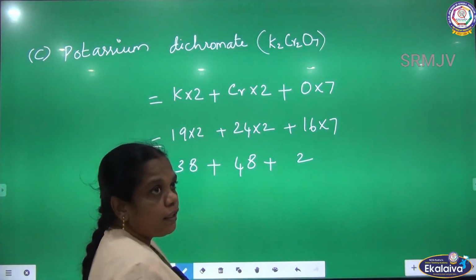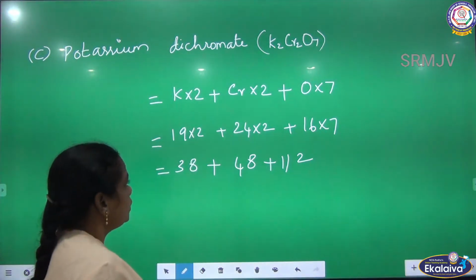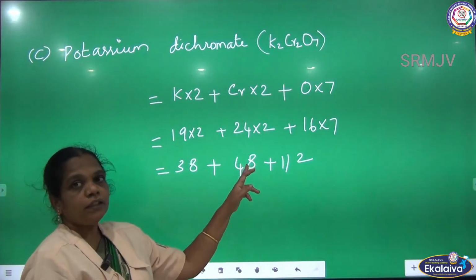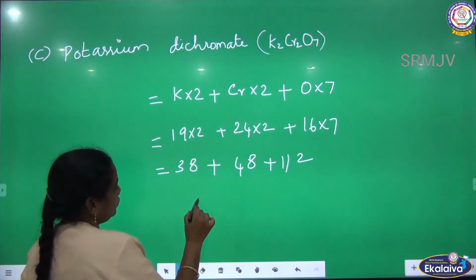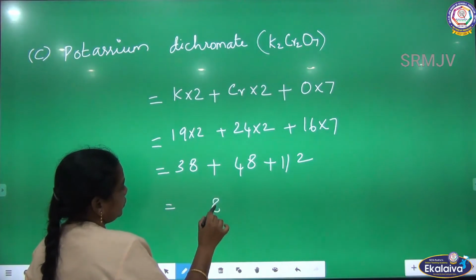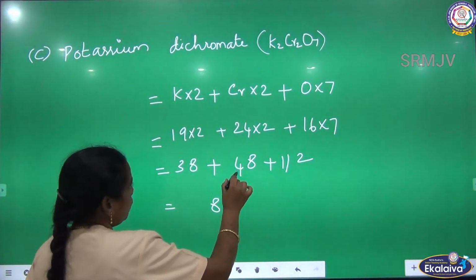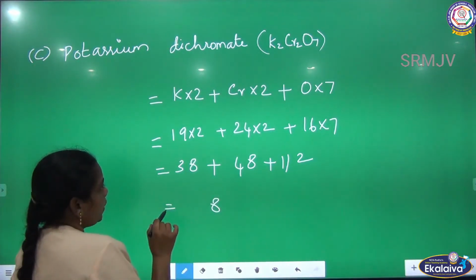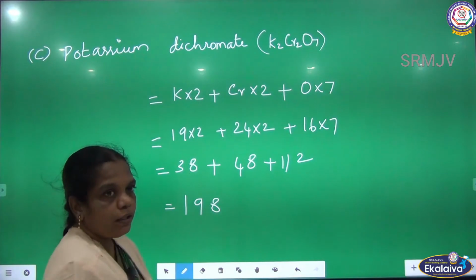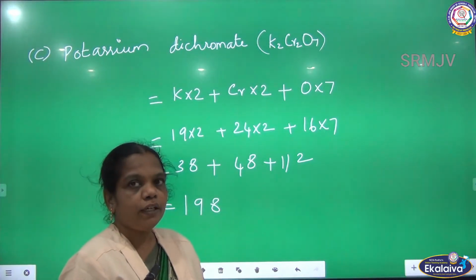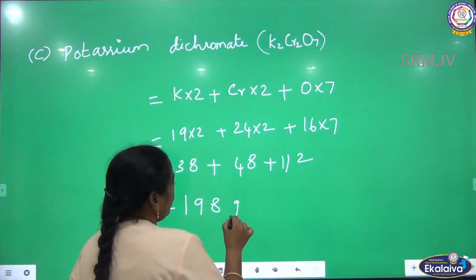Then 1 7 is 7 plus 4, 11. Now you have to add. 2 plus 8, 10. 10 plus 8, 18. 1 plus 1, 2. 2 plus 4, 6. 6 plus 3, 9. So the molecular mass of potassium dichromate is 294 gram per mole.